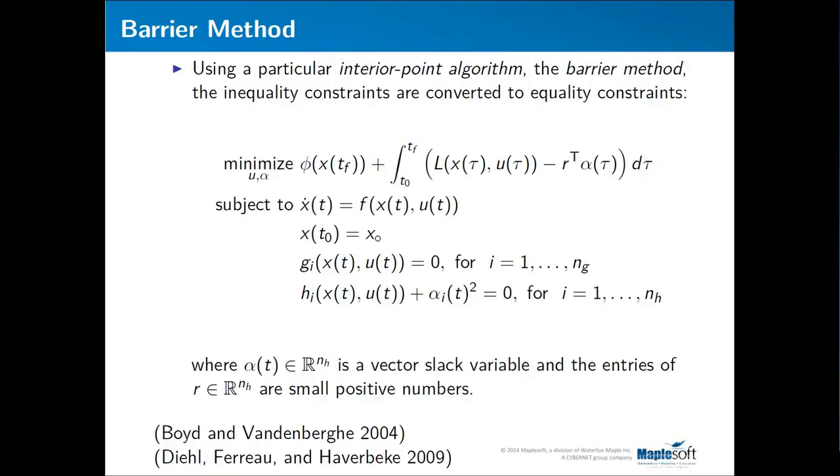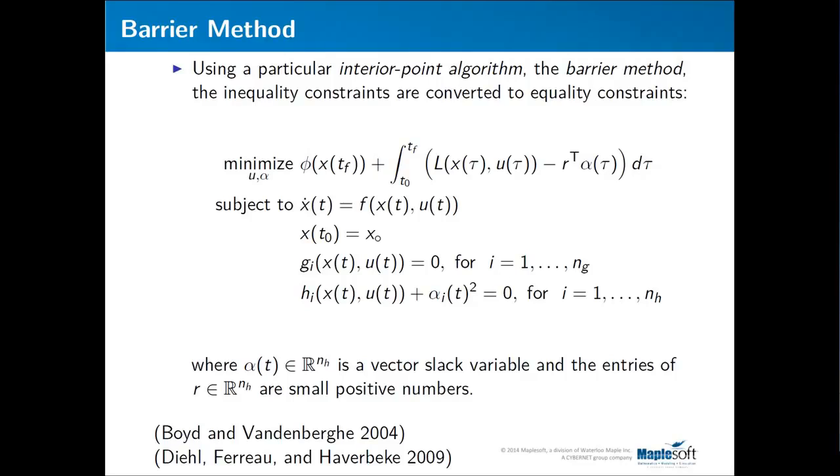For example, if h_i has to be less than or equal to 0, we write this as h_i plus alpha_i squared equals 0, where alpha_i is a slack variable. If the problem is feasible, in the end, h_i would be equal to minus alpha_i squared, and for any given real value for alpha_i, h_i would be less than or equal to 0.